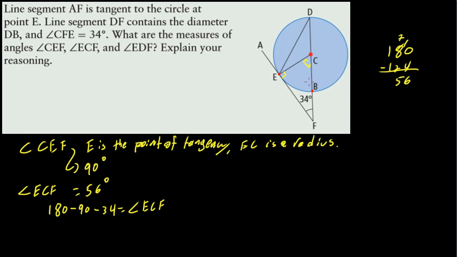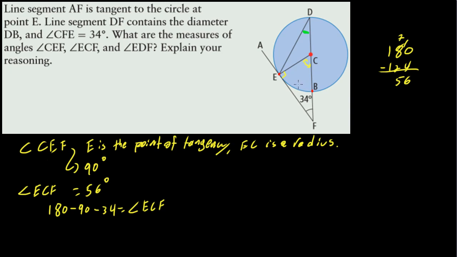And we can get our calculation of angle EDF. That's going to be this one right over here. Now, I think I want to do this question a little differently than we did in the last question, and I want to use a little bit of what we learned in lesson 1.